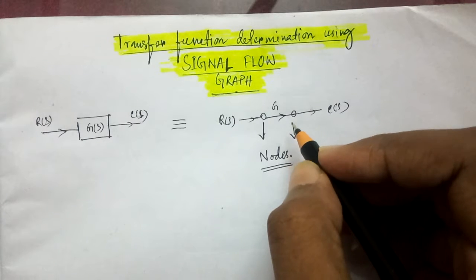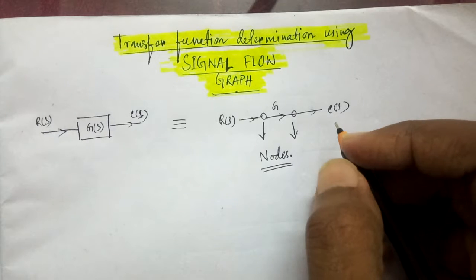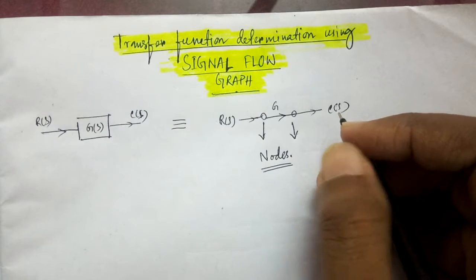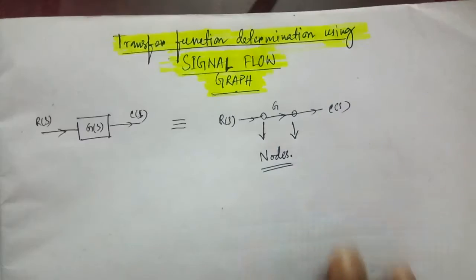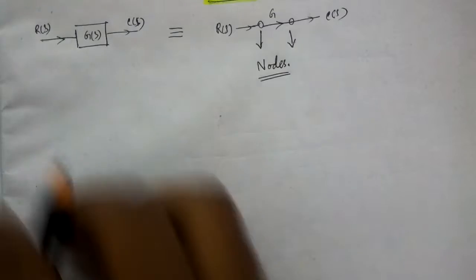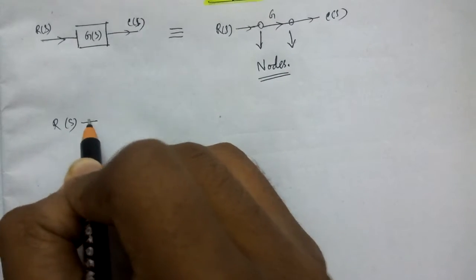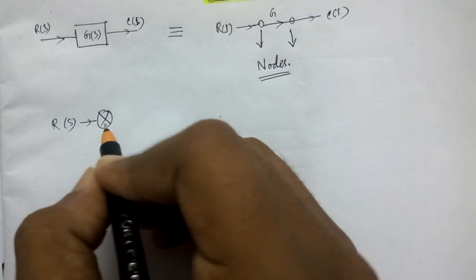Actually in this process all takeoff points and the summing points, means the adders, are transformed into nodes, and from there the takeoff and the gain values are taken. This will be more clear in my next example, and that is I am here taking the example of a feedback loop.